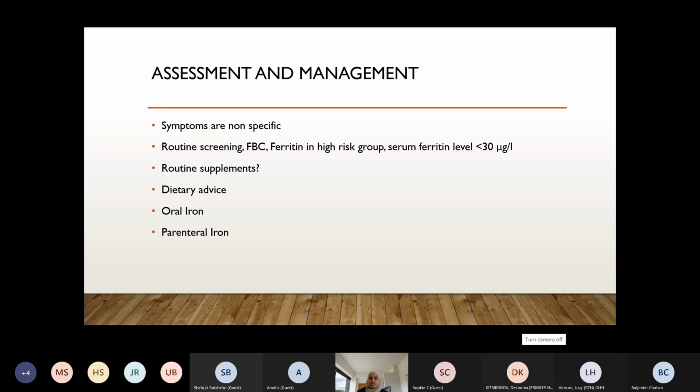They are at increased risk of iron deficiency and anemia. In those cases, you could do a repeat full blood count at 34, 36 weeks as well, or screen for iron deficiency, which is ferritin. Because even with a normal hemoglobin, if you have a low ferritin level, that means they're already deficient in iron and more likely to develop anemia.